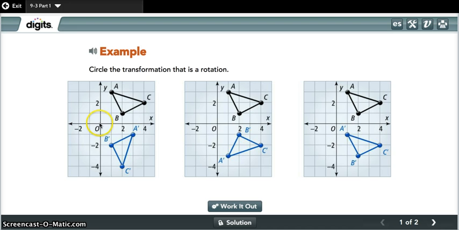But how did it rotate? So maybe it rotated around the origin, rotated here, and then rotated here. And if you want to, you don't have to, but if you have parchment paper or saran wrap or maybe even a Ziploc bag, you can put that up on the screen right here.